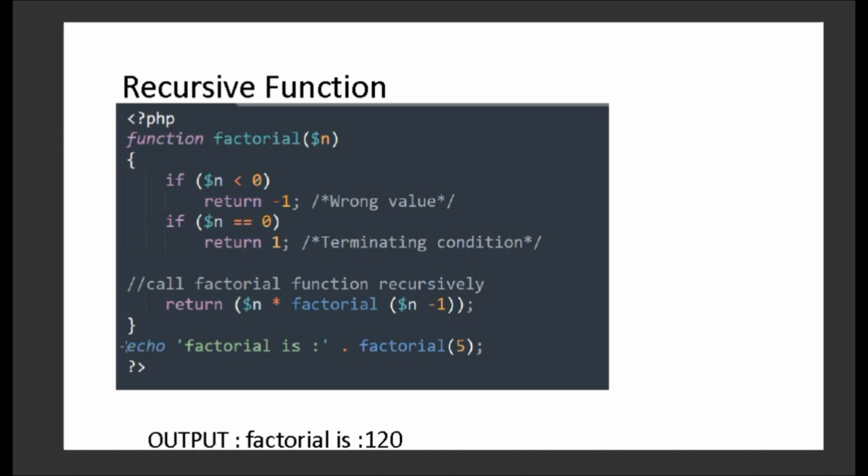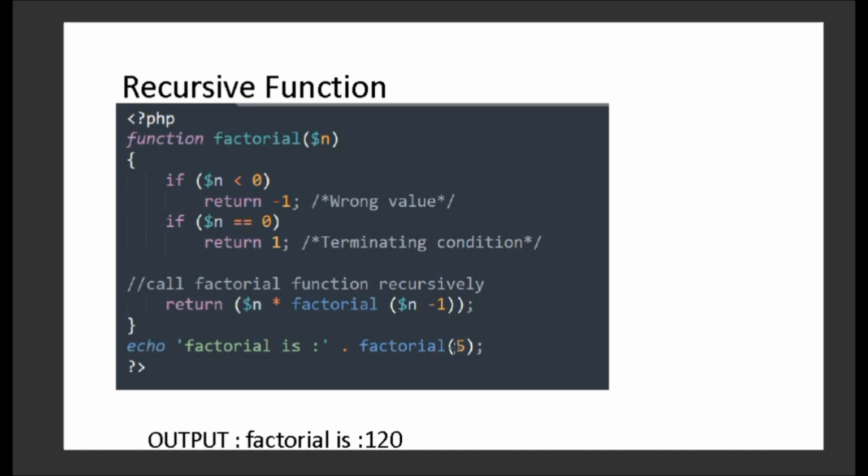Here, first it starts with the echo statement, and the function call is factorial, where we pass the argument as 5. It jumps to the function, and here it will check if the n value is less than 0, then it will return -1.